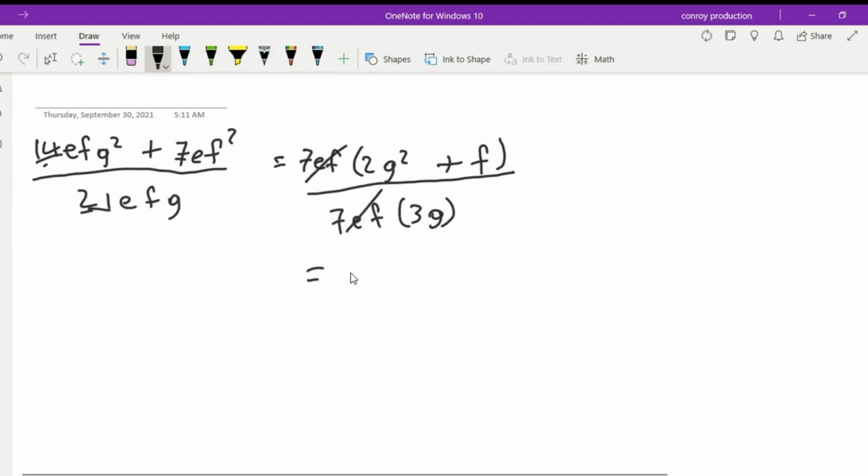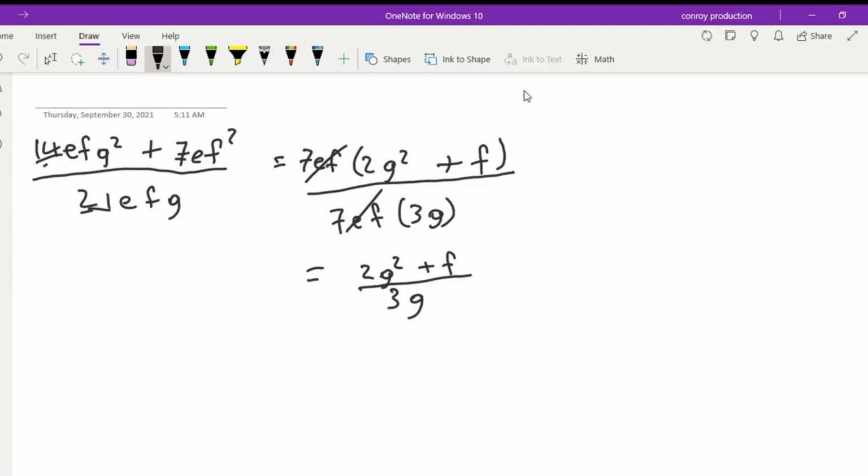And we are left with 2G squared plus F all over 3G. And we won't be able to reduce it further. Alright, we have two more examples.